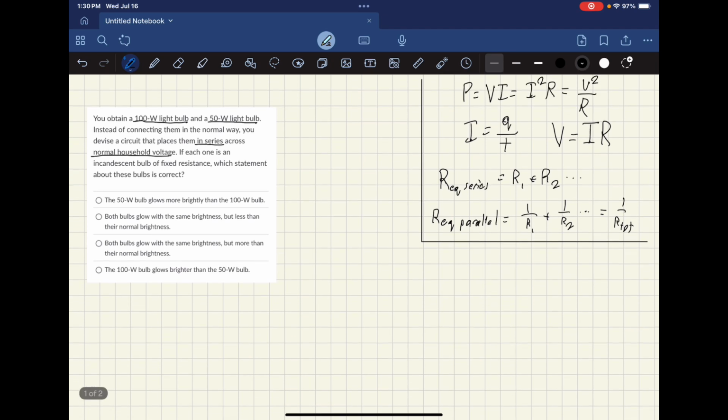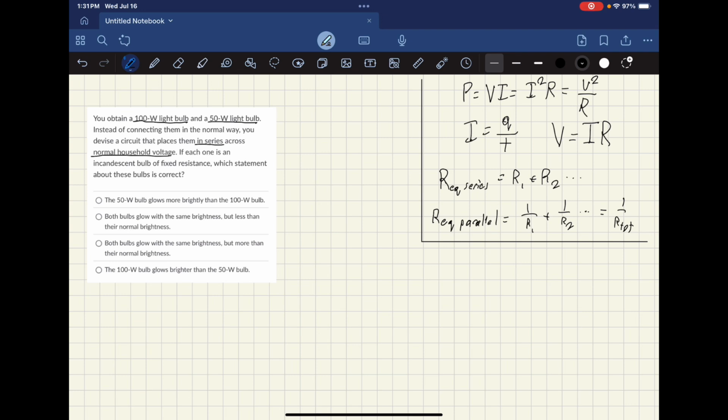In other words, it's asking which one of them dissipates more power. The more power dissipated by a light bulb, the brighter it will glow. So we need to calculate the power. We're given the power, we're looking for the resistance, and it's a normal household voltage.